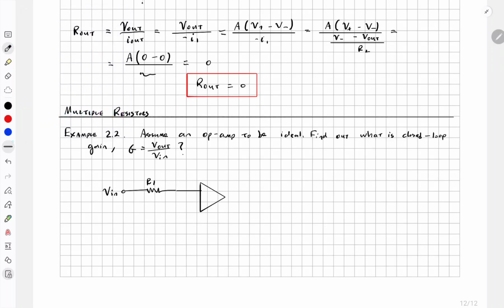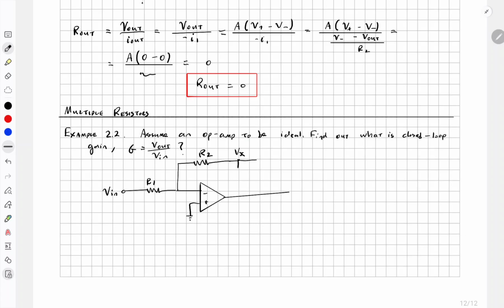Increase the size to make it more visible. Okay, so the circuit's going to be a little bit different, but the exercise is to solve something that we have not seen exactly before.